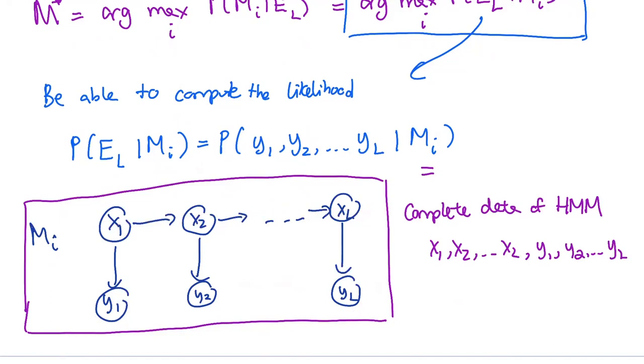They're hidden from me. I only observe the observed variable. That just means that when I deal with this likelihood, I have to work with the incomplete data. So what do I have to do to the complete data in order to get the incomplete data likelihood?